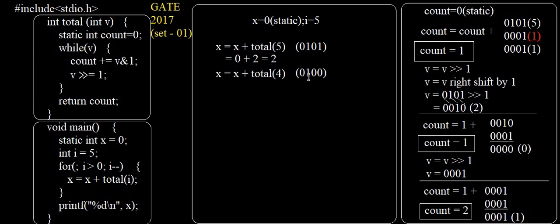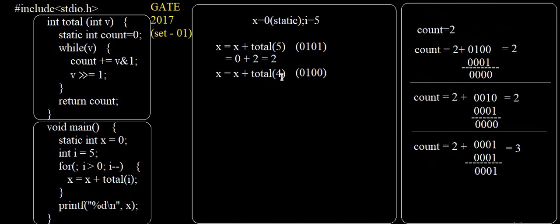But in case of 4, it is only 1, so it should give you 1. But remember one thing, the value of count is 2, so you have to count the number of ones after 2. How many ones are there? Only 1. So 1 plus 2 is 3, so the total of 4 should be 3. Okay, let me execute total of 4.